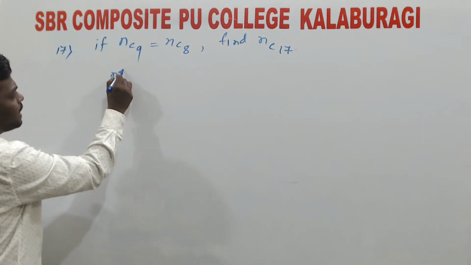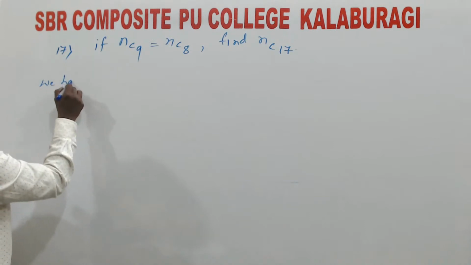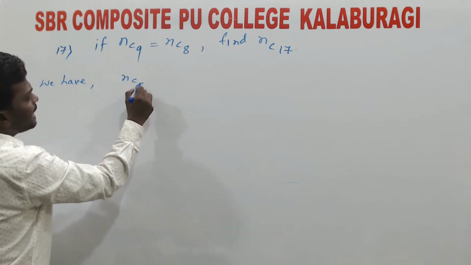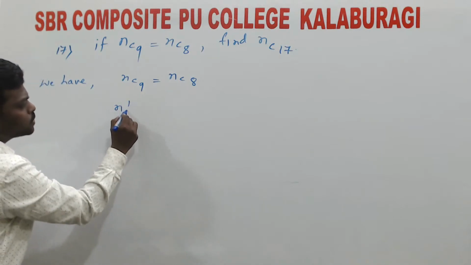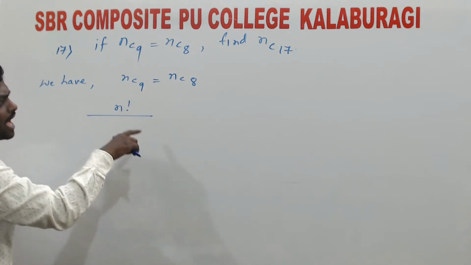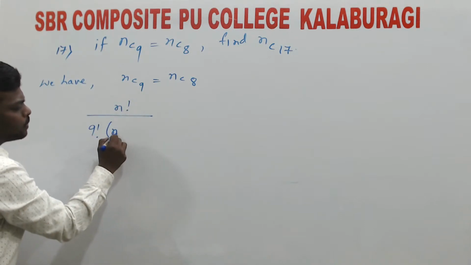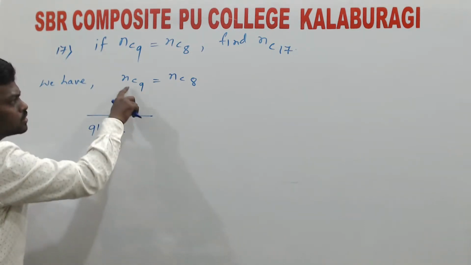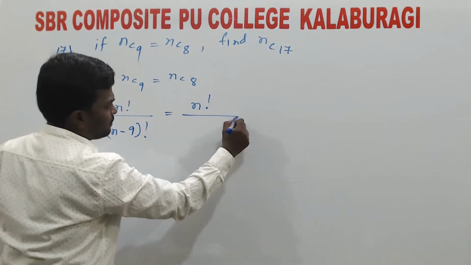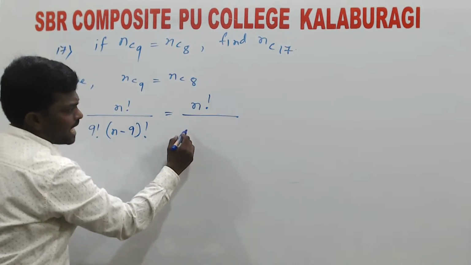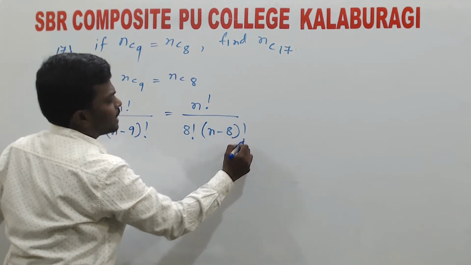Okay, write the question once again. What is the data given? nC9 is equal to nC8. Using the formula, n factorial by r factorial, what is r here? 9. So 9 factorial into (n minus 9) factorial, which is equal to n factorial by, what is r here? 8. 8 factorial into (n minus 8) factorial.